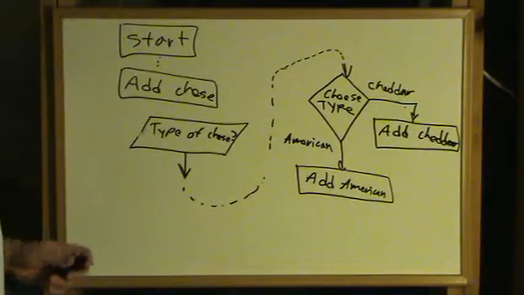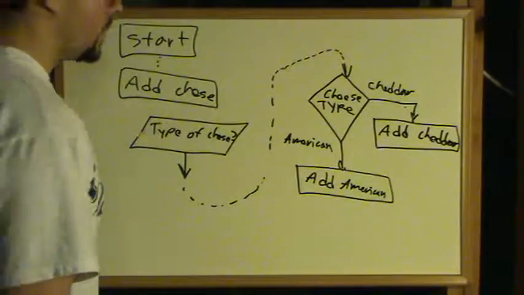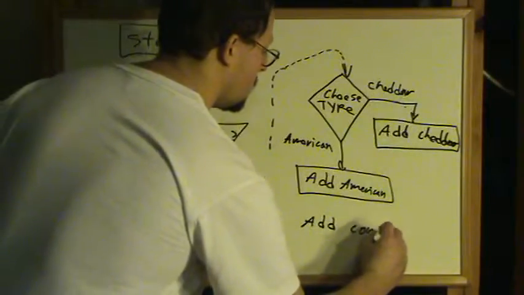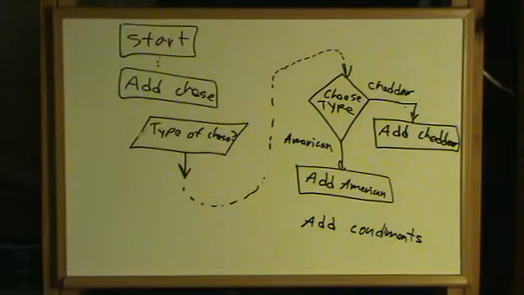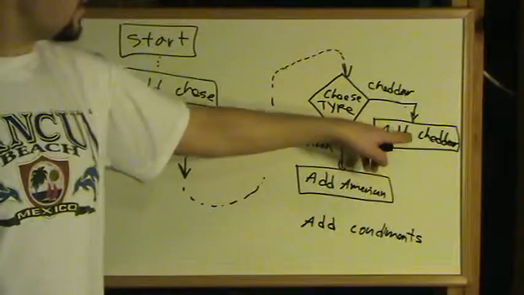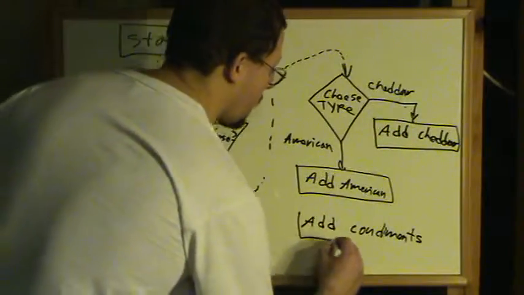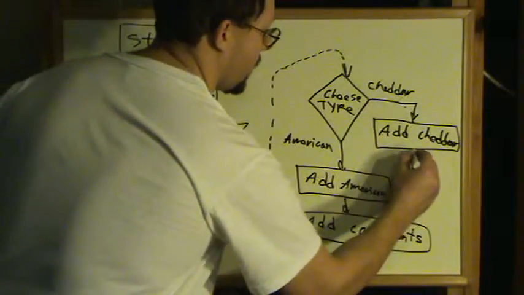Well, if you remember from the previous lecture, maybe it was add condiments or something, right? So we know that the next step is add condiments. But we get there from either add cheddar or add American. That's okay. We can draw multiple arrows heading into the same block. That's perfectly fine.